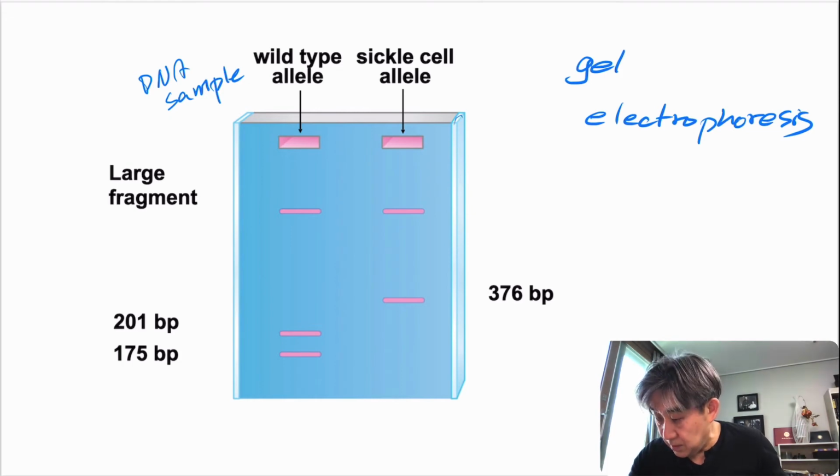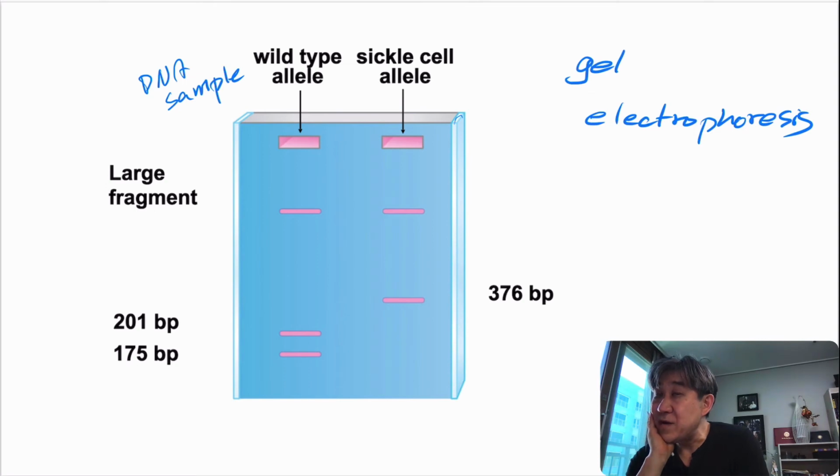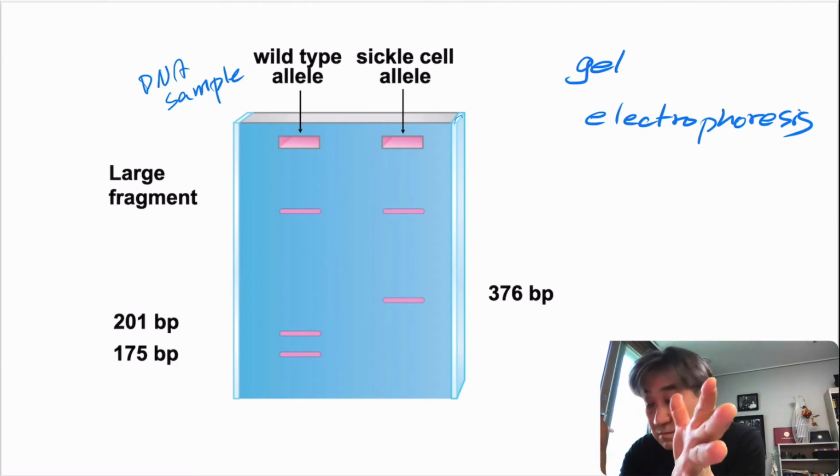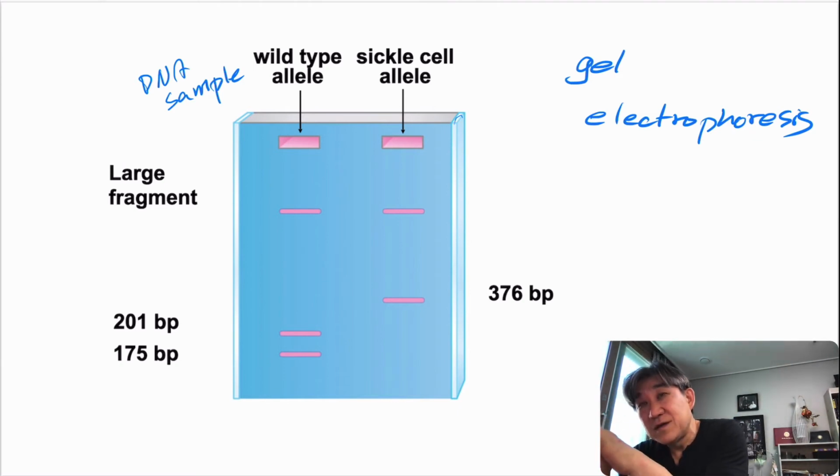This is some mesh-like material through which your DNA can migrate, because this is like some soft solid material, so that's why we describe this as a gel.